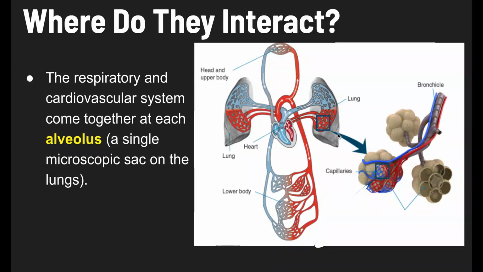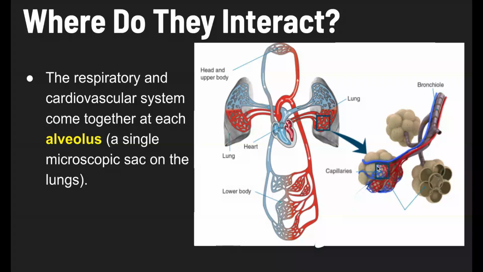If you take just a small piece of the lungs and you zoom in on them, look at them under a microscope, you would see these sacs like you see on the right here. So I have an arrow showing you're zooming in, and you would see these sacs. Each little ball is an alveolus, and on the surface of each alveolus, you have capillaries.